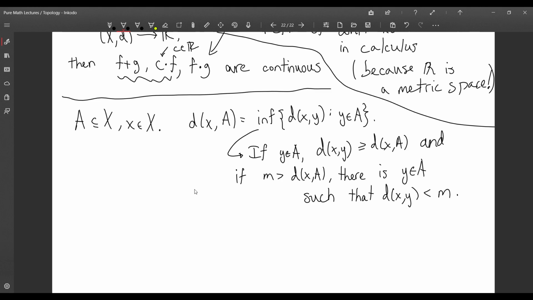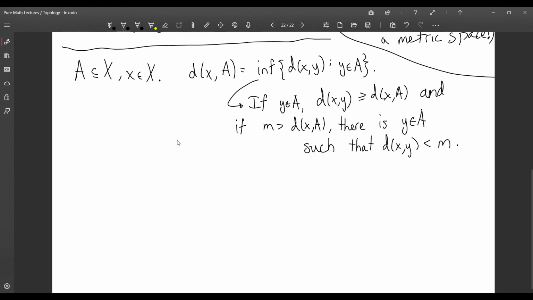Again, this is something you might have seen before, but if not, I'm defining it just in case. So now we can define some properties of this new function.